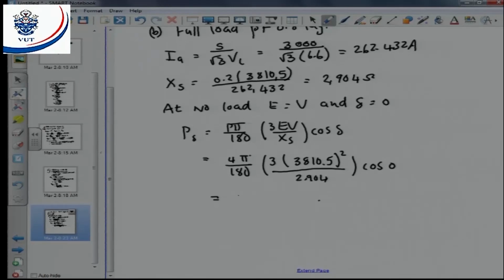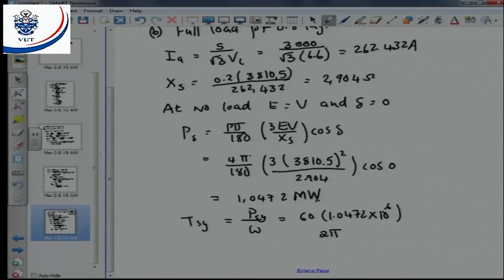That gives us a value of 1.0472 megawatts. Corresponding synchronizing torque gives us 60 times 1.0472 times 10 to the power of 6 divided by 2 pi 750, which is our synchronous speed, which is determined by the number of poles.